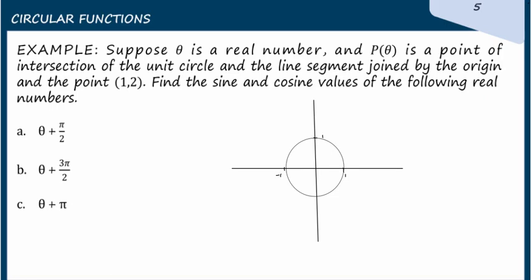This is gonna be 1. This is gonna be -1, and then this is gonna be 2, and this is gonna be 2. This is gonna be -2. This is gonna be -2, and then your (1, 2) would be probably here. That is your P of (1, 2), and then of course you have a triangle in there.